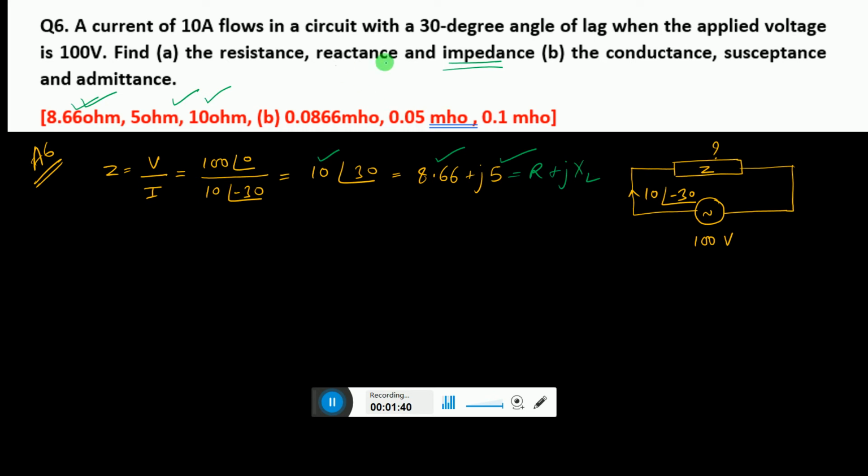We have been asked reactance, so it is 5 ohm. If inductance, we would have to find out what is the value of L, then frequency must be given.